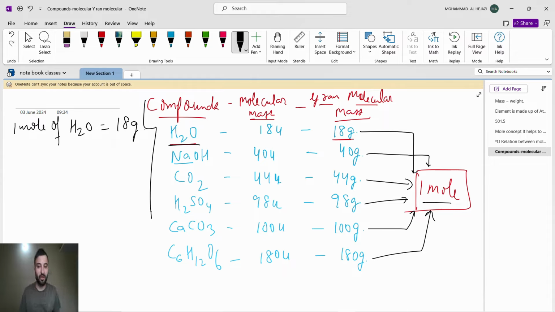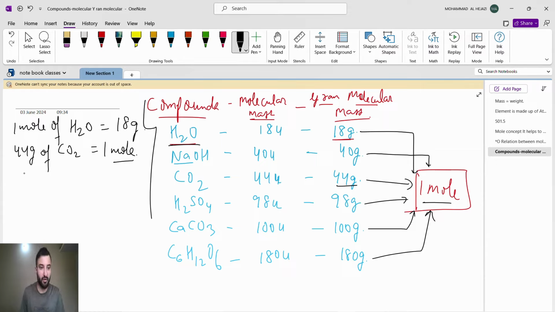Now suppose I give you 44 gram of CO2. 44 gram of CO2 means first of all we will find the molecular mass of CO2. Molecular mass of CO2 is 44 gram. So 44 gram of CO2 means how much? 1 mole. Because see, 1 mole of CO2 is 44 gram, right?